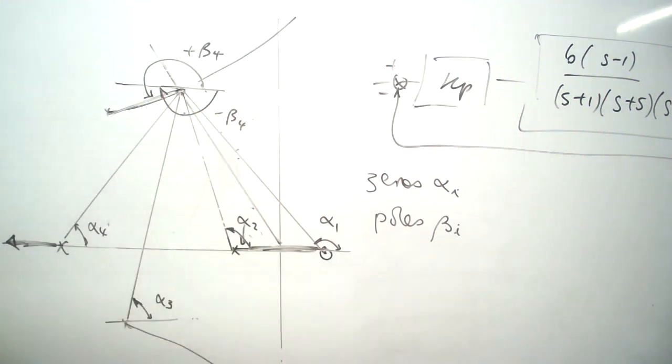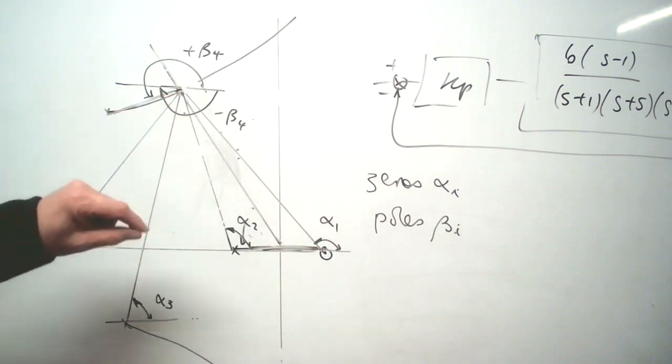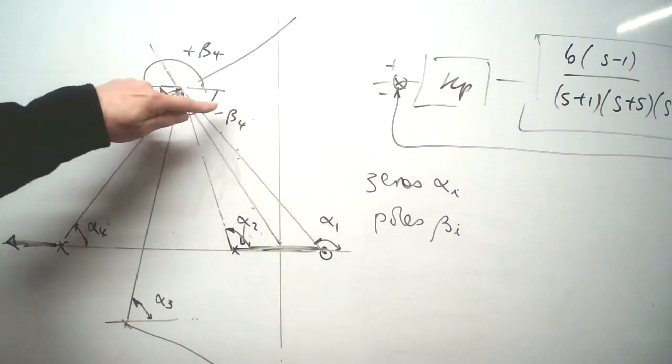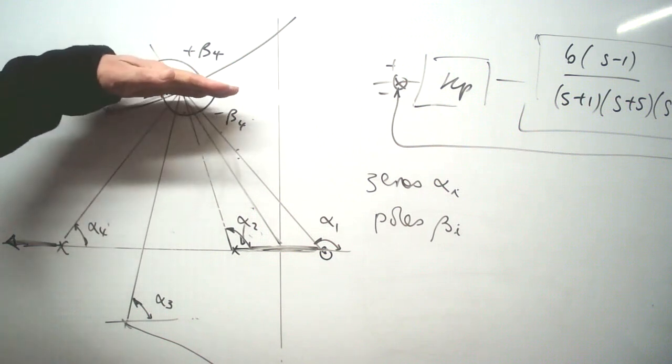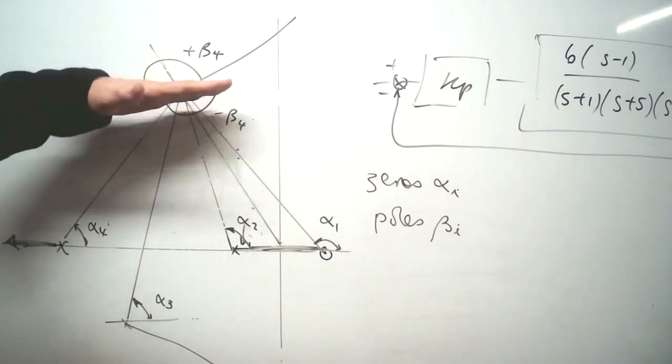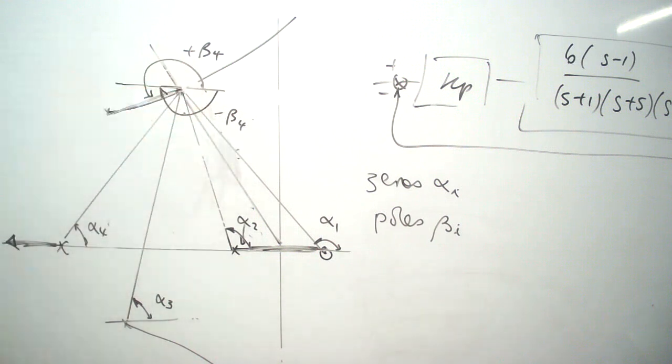Both would give you the same answer, but you've got to bear in mind which way. If you measure that way, it's positive. If you measure this way, it's negative, because this is a negative measurement. Doing a plus 10 or plus 20 is that way, but minus 20 would be that way. So it depends on which way you want to measure. It's up to you, it doesn't make any difference.